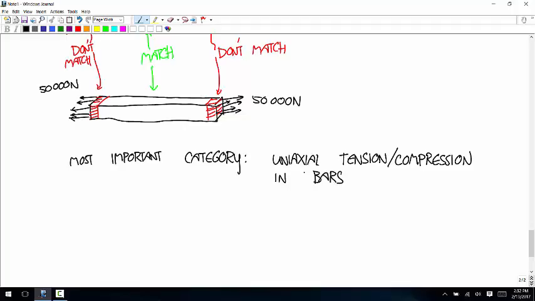And one place where that occurs is in trusses. And so those are the problems that we're going to see these in for now.